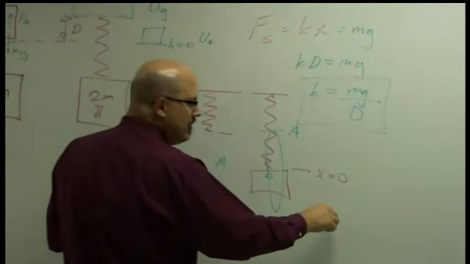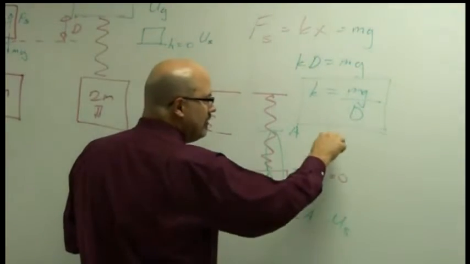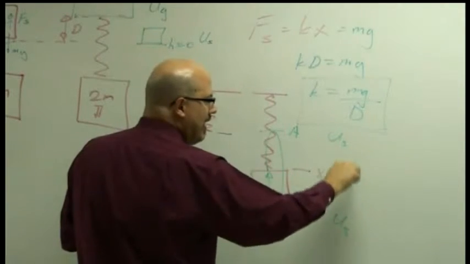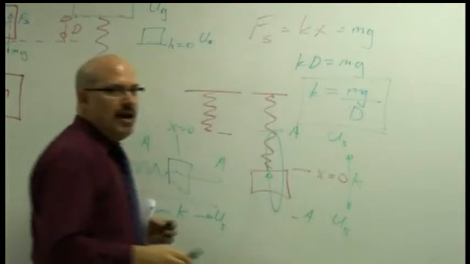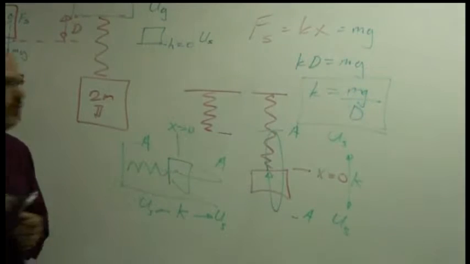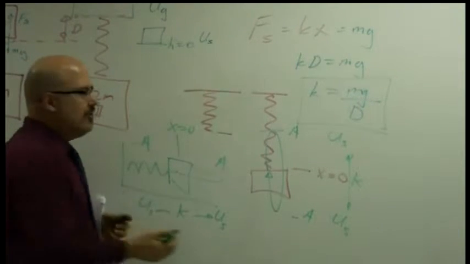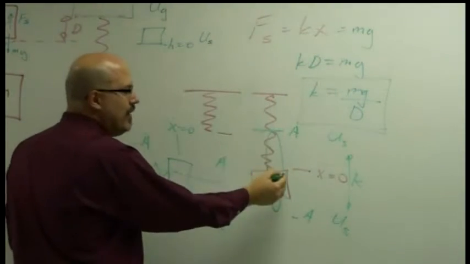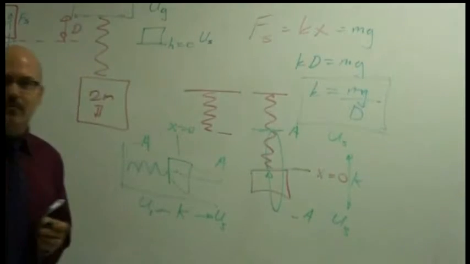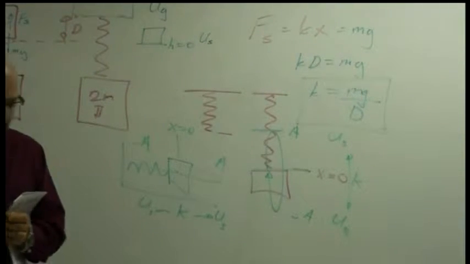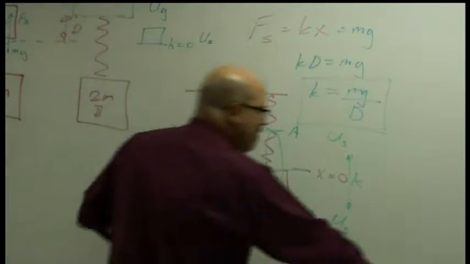Over here you can do the same thing, and neglect gravitational, because all the gravitational does is set up a brand new equilibrium position. I think that's maybe the issue here.